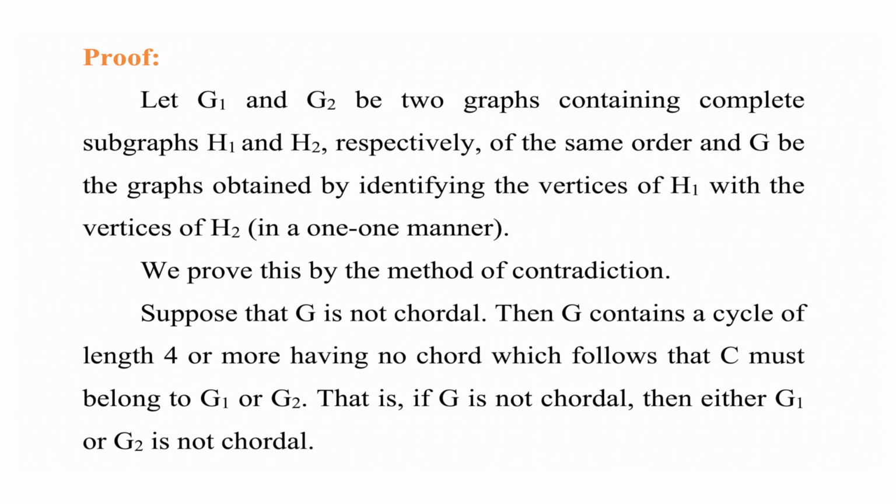Suppose that G is not chordal, then G contains a cycle C of length 4 or more having no chord, which follows that C must belong to G1 or G2. This we prove using the definition of chordal graph. That is, if G is not chordal, then either G1 or G2 is not chordal.